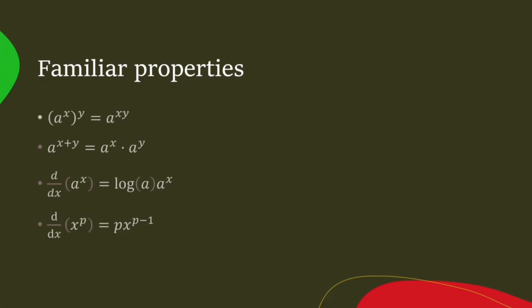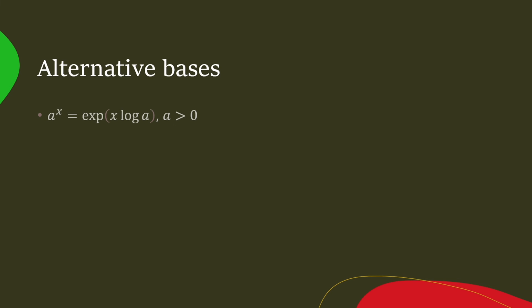So now we've given a definition of real exponentiation, and we've seen that it has the properties that we would expect it to have. One final point to discuss is with respect to alternative bases for logarithms specifically. We've implicitly already discussed alternative bases for exponentiation. For a base a raised to a power x, we've now defined that to be the exponential function evaluated at x log a, for a being any positive base.